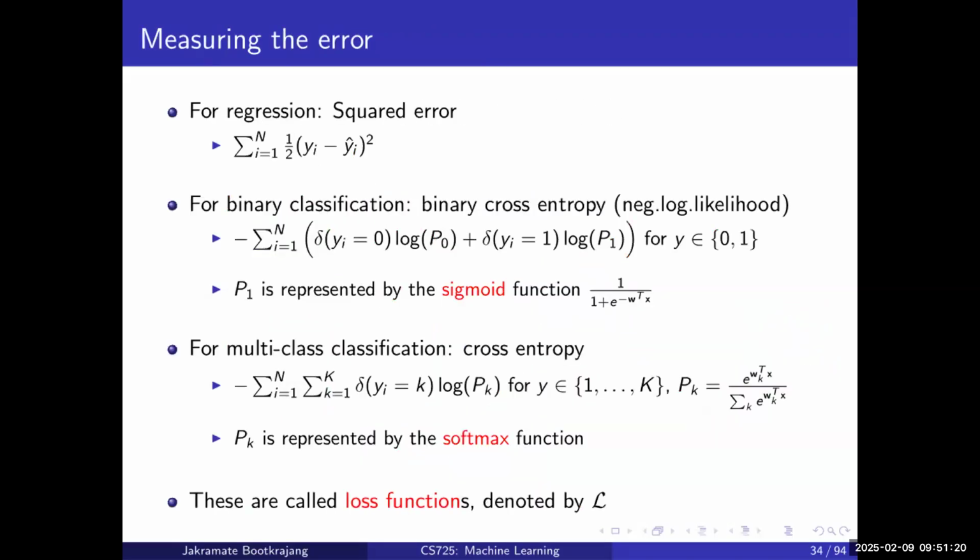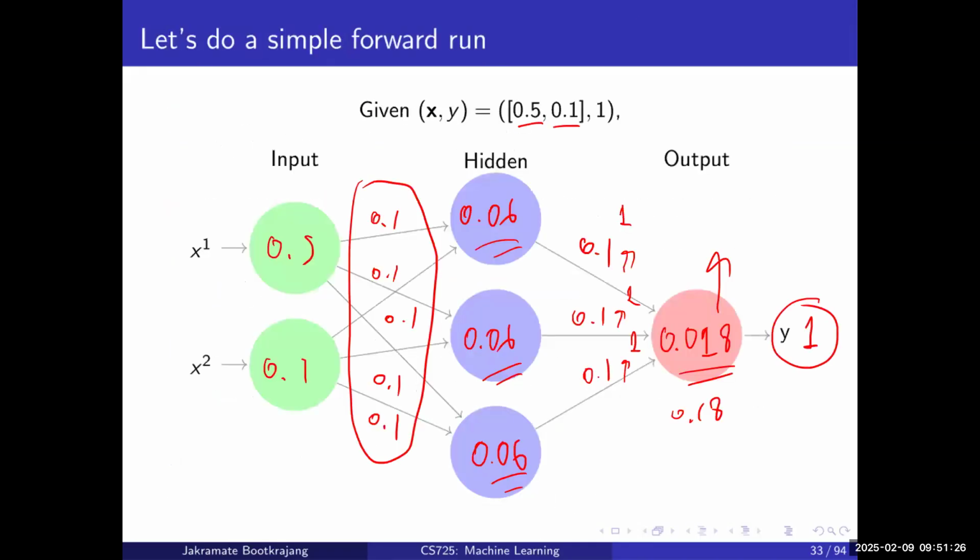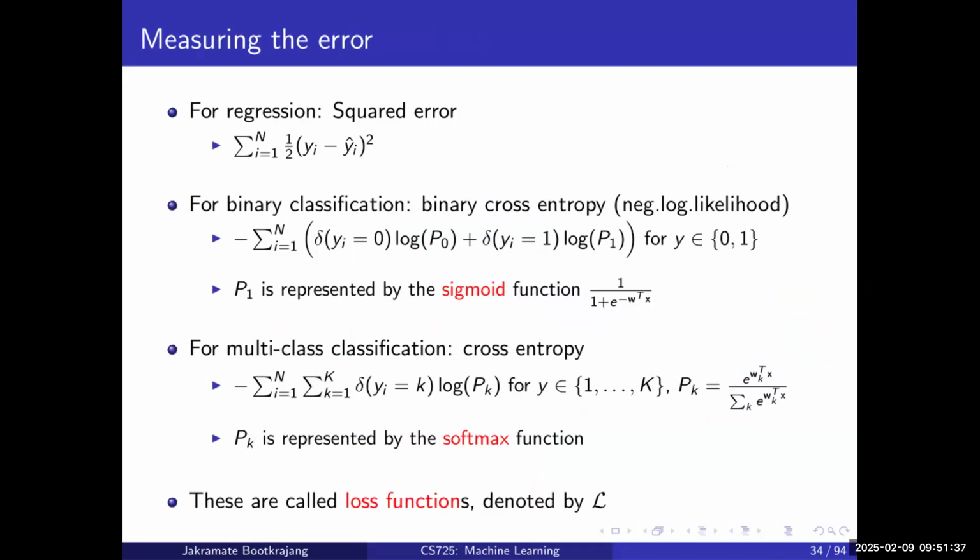So how do we measure error? The error is the one at the end, when we have this 0.018 and we compare it with the answer 1. For the error, if you are doing regression, you can just use the squared error. If you use binary classification, normally we would use the negative log likelihood.